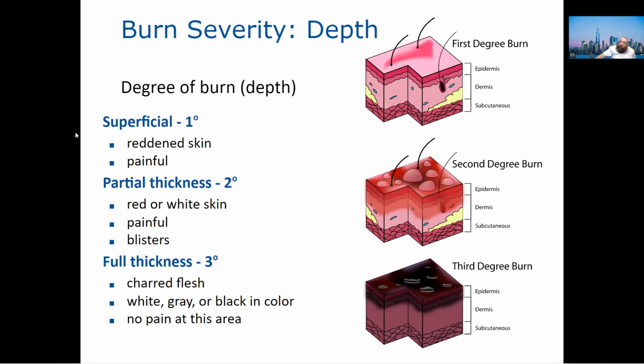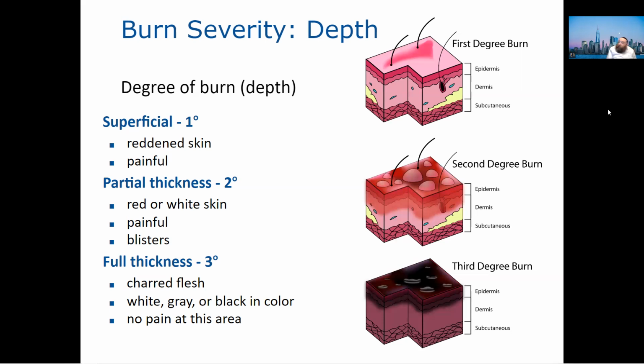But we've got to learn the real names. So the real name for a 1st degree burn is a superficial burn. Superficial. And the way to know that your patient has 1st degree burns is red skin.